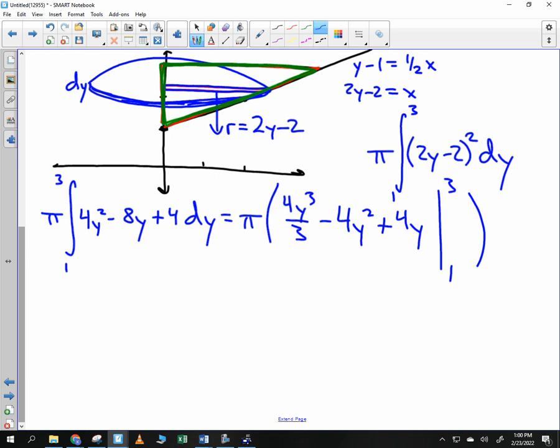Notice how I don't have a 0 on the end at this time. As I plug in the 3, I'm going to be very careful. Take my whole expression, multiply it by pi.